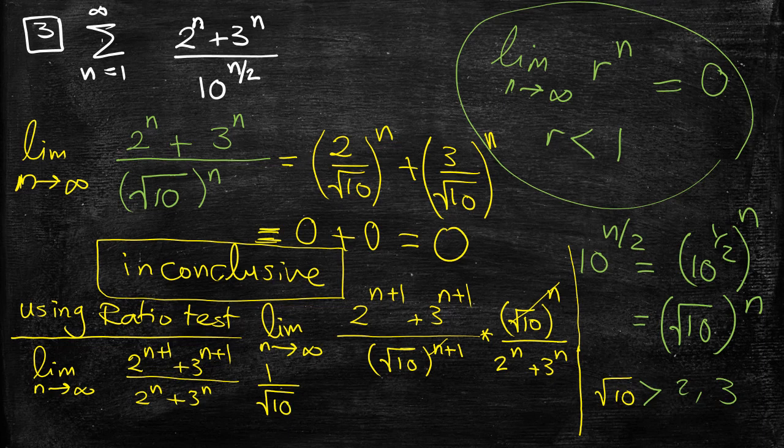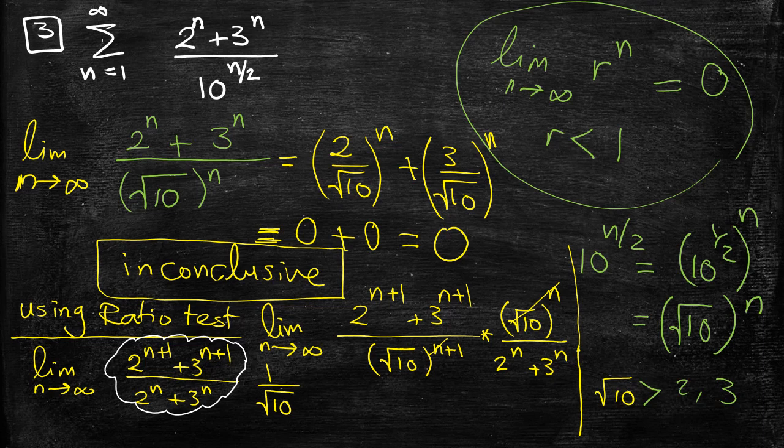The same thing, if we end up trying to solve this limit, then we need to divide by the greatest number here. What's the greatest number? We have 2 and 3, so the easiest way here is to divide by 3 power n.